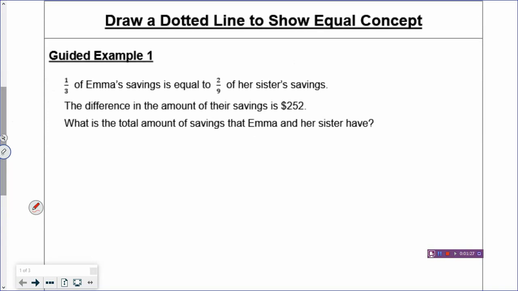1/3 of Emma's savings is equal to 2/9 of her sister's savings. It's important that you know how to interpret the fraction. 1/3 refers to Emma's savings, the whole fraction refers to Emma's savings, and 2/9 refers to her sister's savings.